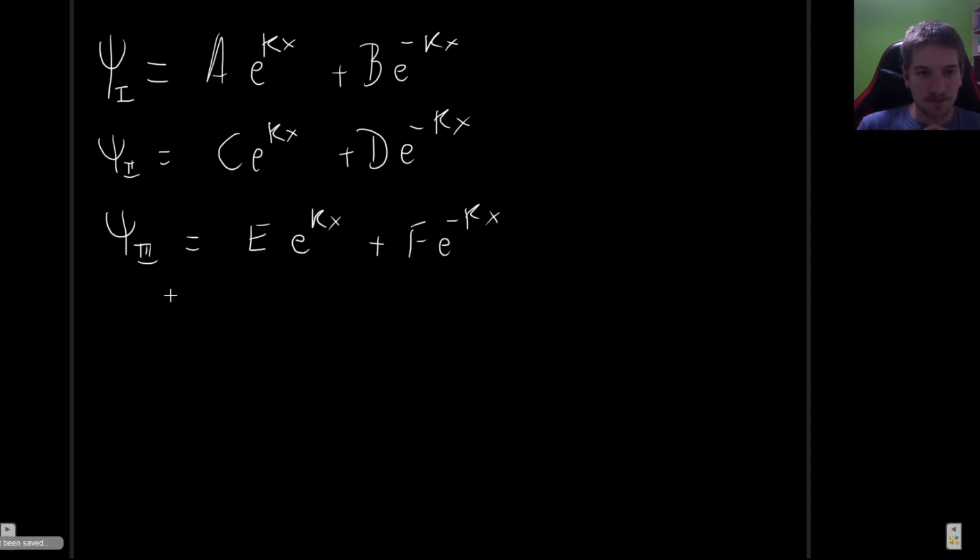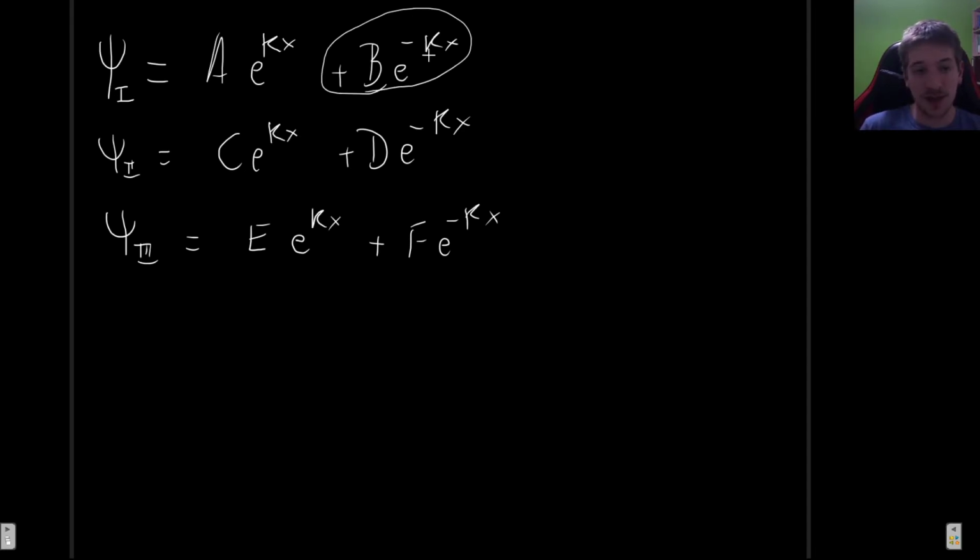Now we have to make sure that our solutions are normalizable. That means this region right here is where x is negative. So when x goes to minus infinity, we need this to be normalizable. It has to go to 0. So that means that this term right here cannot be allowed.